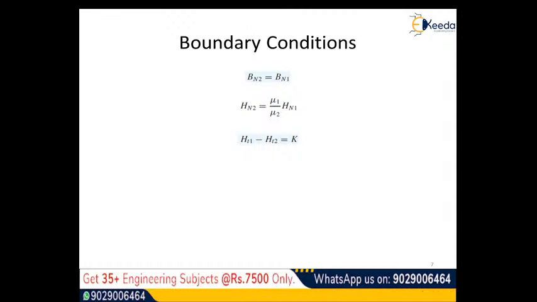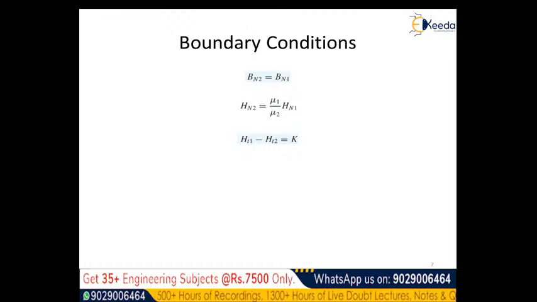Next, we have HT1 minus HT2 is equal to K. See, K is the surface current. When the two magnetic regions are separated by a boundary surface, and if that surface has a surface current, then there will be a surface current density here.